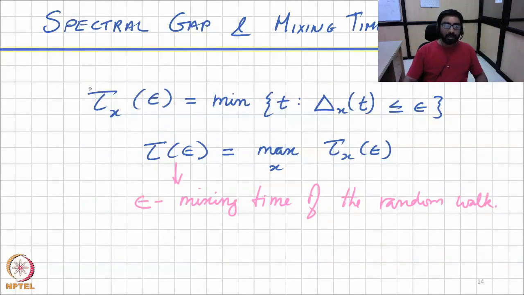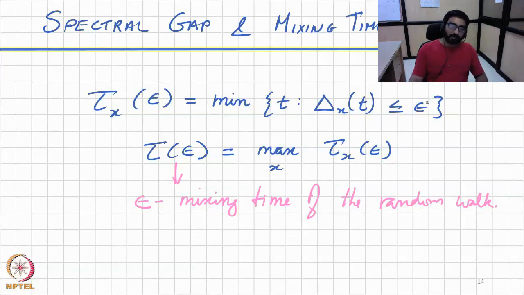Now let's look at tau_x of epsilon. This is the smallest number of steps needed such that, starting at x, delta_x(t) gets to less than epsilon, which means that the current distribution of the random walk minus the stationary distribution, when we take the L2 norm of this difference, is within this parameter epsilon.